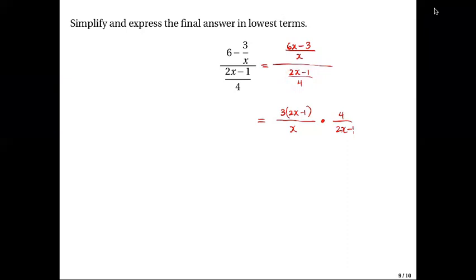And here you see immediately that this and this will just cancel each other. So we cancel them, and you have here 3 and 4, you just multiply. The denominator is just x. So this is just 12 over x. So this is the final expression.